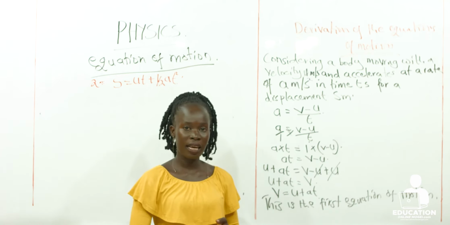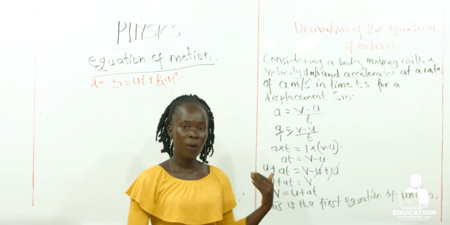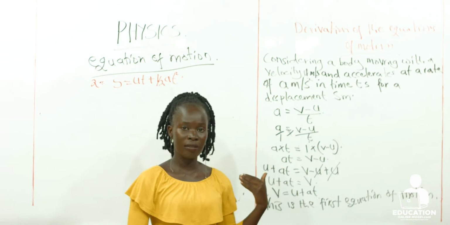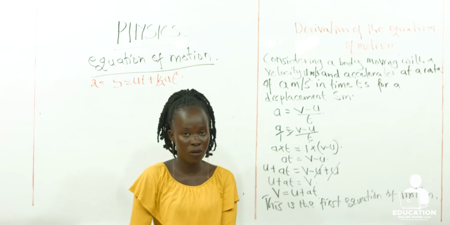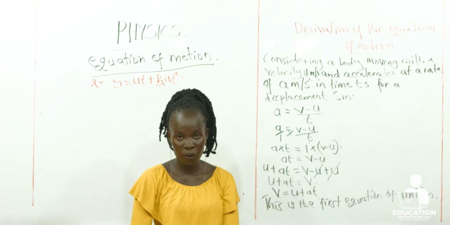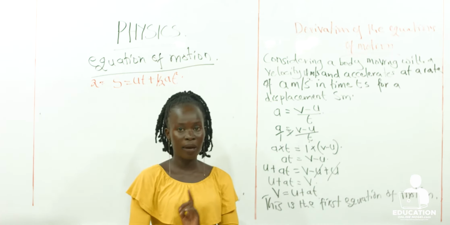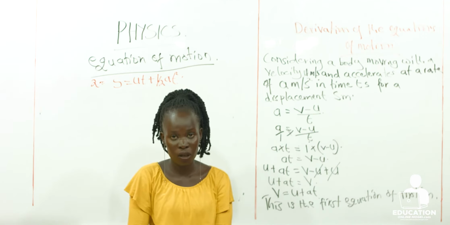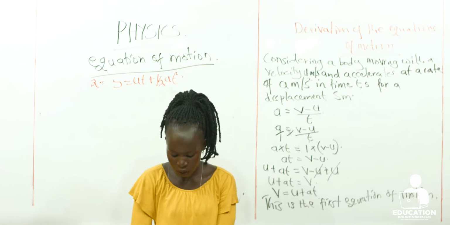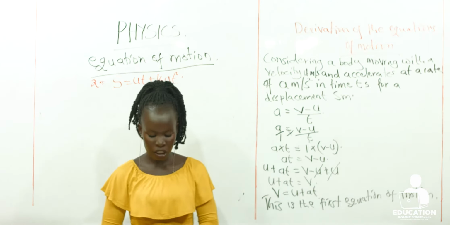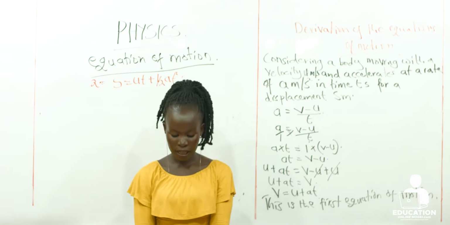So to find it here, we are going to get the distance, which is the displacement. We know how it is found. Displacement is equal to what? You multiply that by the time, so that you get. But this time round we are going to use the average velocity to find that.